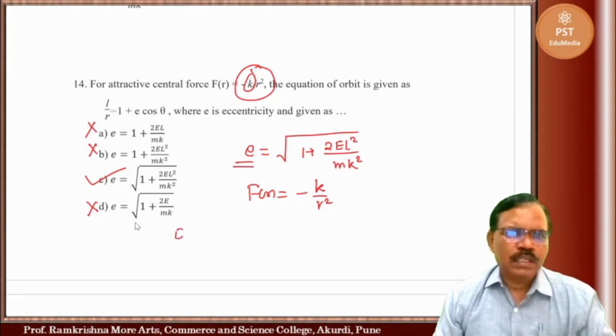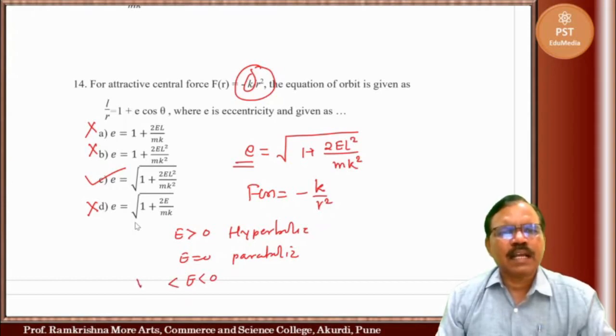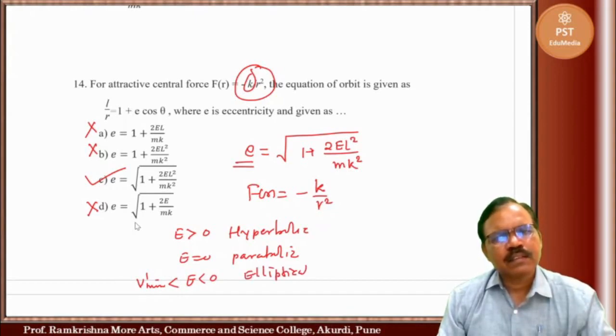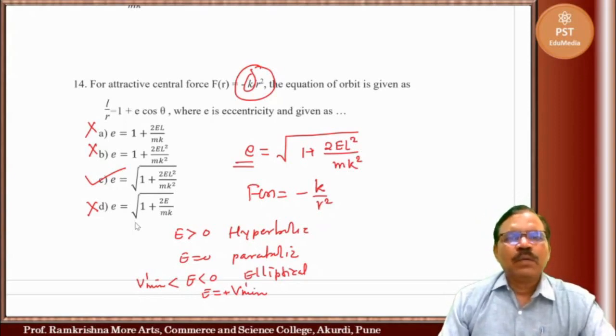Now we know E greater than 0, hyperbolic orbit; E equal to 0, parabolic; E less than 0 but greater than V minimum, we have elliptical orbit; and E equal to V minimum, which is also negative, we have circular orbit.